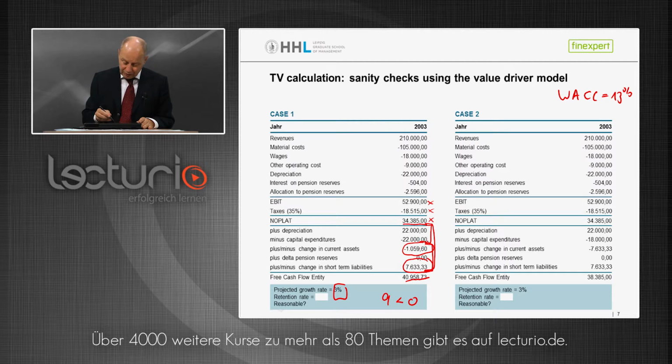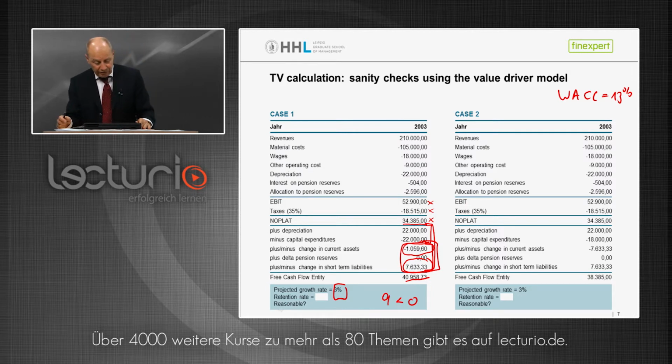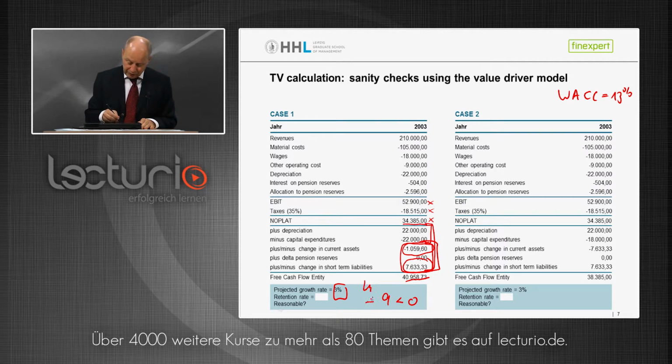And so it is reasonable to assume in an infinite time frame that the delta net working capital in this calculation here is not negative. That means that our debt and equity holders jointly have to invest into a growing net working capital basis. So this is obviously not reasonable.